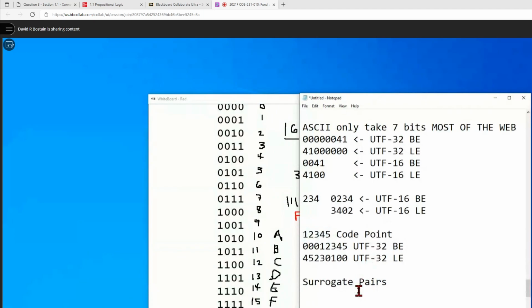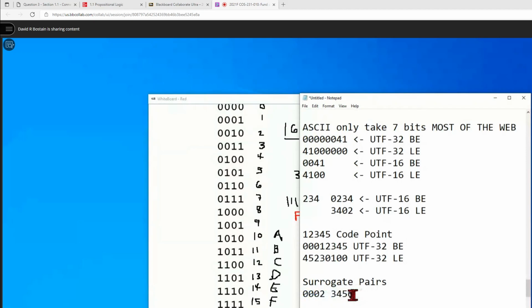Now, a naive approach might be, okay, what we'll do then is take 0001 and take 2345 and send those. The problem is, that's a legitimate character. That's a legitimate character. We want both of these to be illegitimate unless they're taken together.